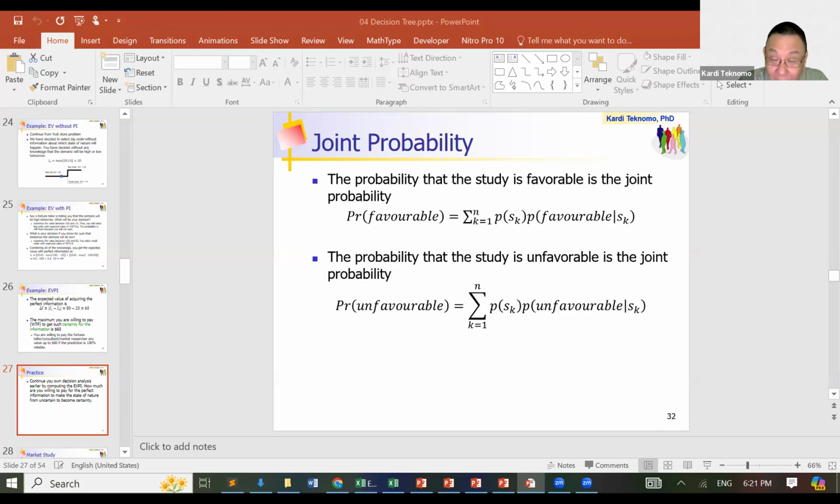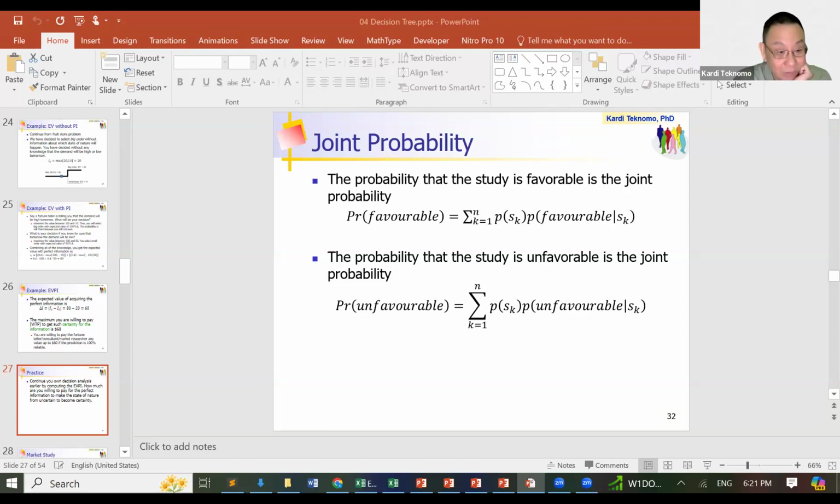If you have the probability of SK multiplied by favorable given SK, then the sum of all of this becomes favorable. And here, again, if the study is unfavorable, then this is the joint probability.